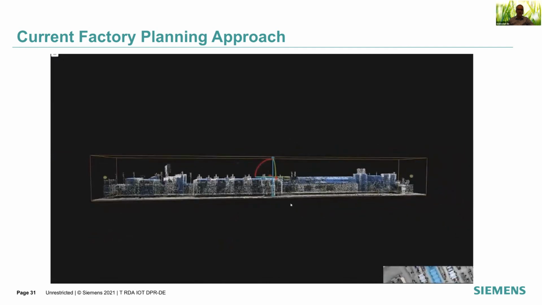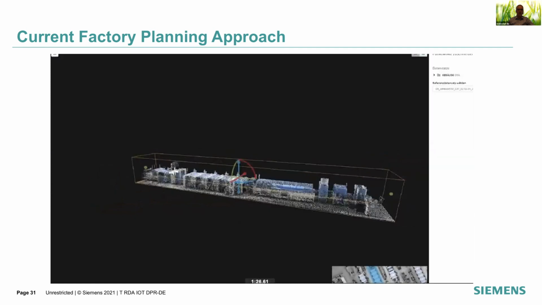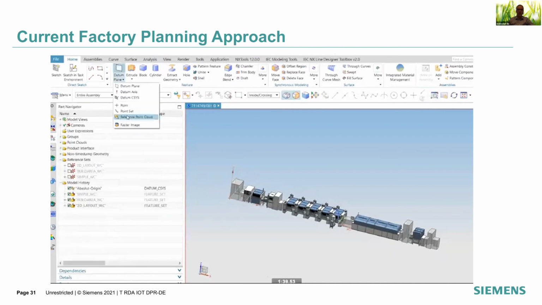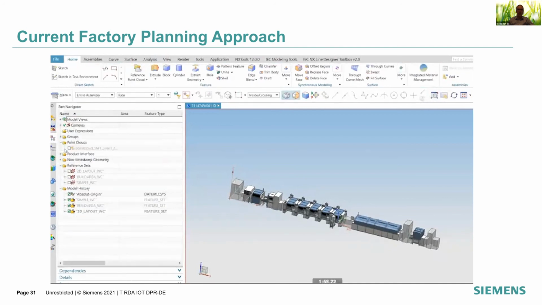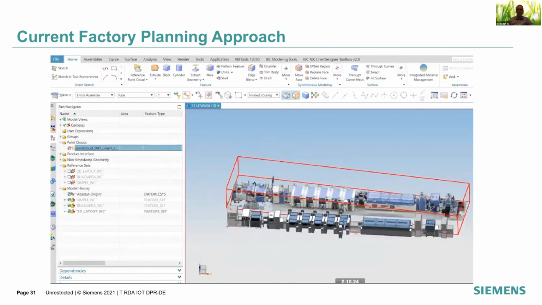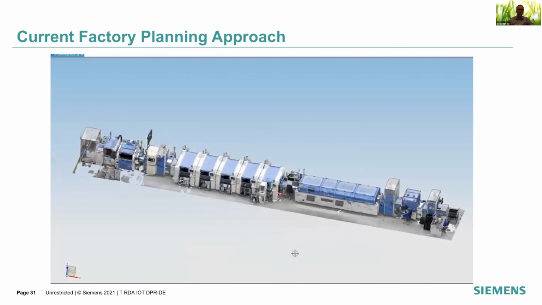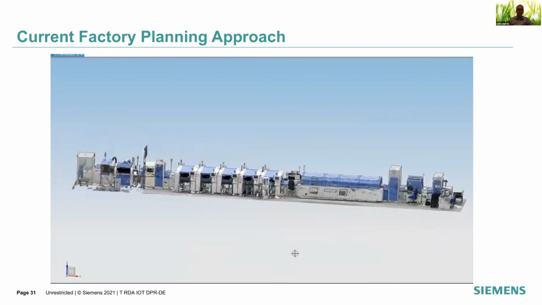What you do then is import it into the Siemens NX software. Here in the NX, you can already see the 3D model of that part of the factory. Then you can compare the two by importing the point cloud, and in the end you can align them together and see what the discrepancy is.